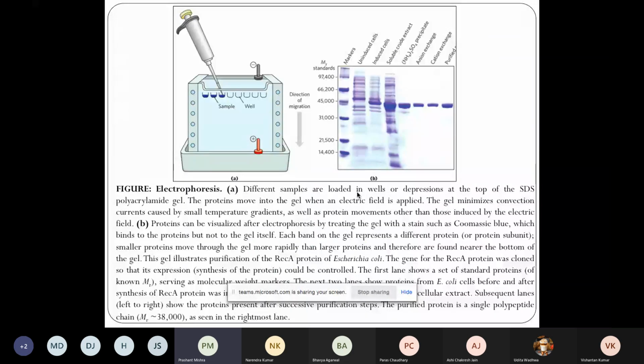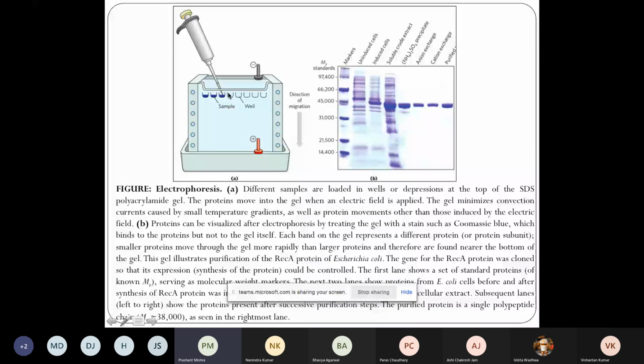Now, this is a typical electrophoretic system which has been shown to you. Here you have a negative and here is a positive terminal, and that you can connect with the power pack. And this is the gel which has been made. And what you do is that you use a comb. And of course, this part you will be doing and learning experimentally, where you will learn that you can create wells.